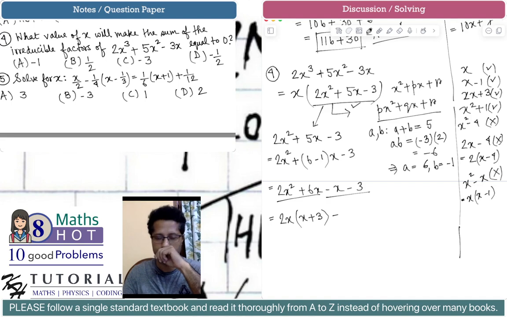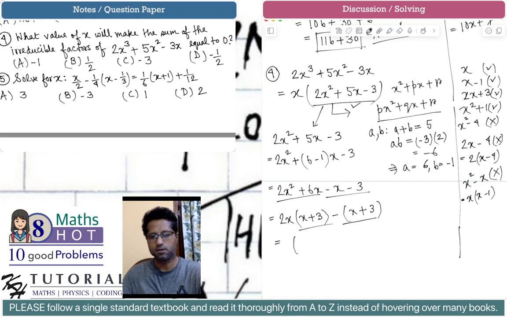And from the second group, minus x minus 3, if you take minus 1 common, it will be x plus 3. Now you see that the two groups have x plus 3 as a common factor, and hence the final factorization becomes x plus 3 multiplied by 2x minus 1.